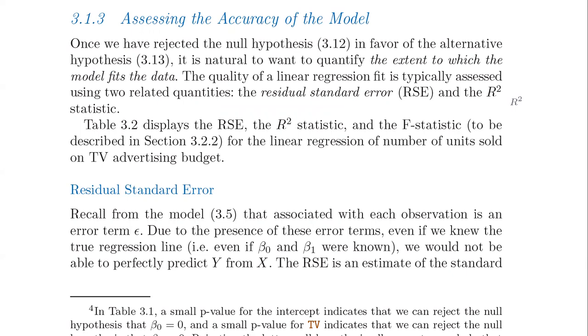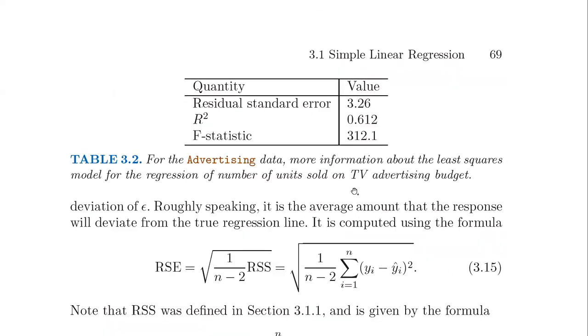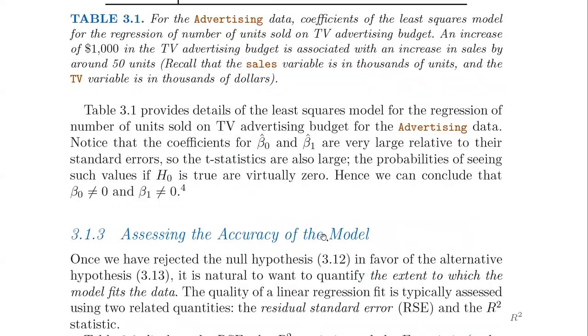So table 3.2 displays the residual standard error, the R-squared statistic, and the F statistic for the linear regression of number of units sold against TV advertising budget. So we have these three values. Okay, let's see.